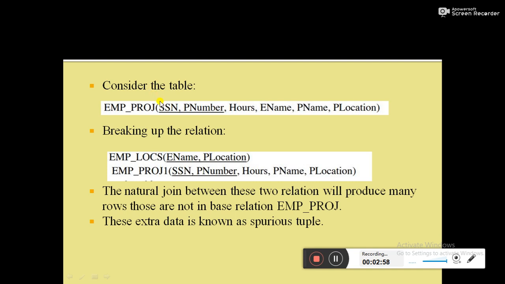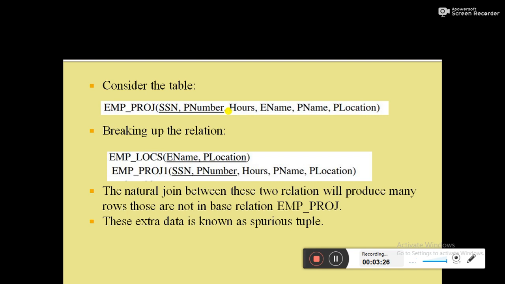These three attributes belong to the entity employee, whereas P number, P name, and P location, these three attributes belong to another entity project. That means in a single relation, we are combining the attributes from multiple entities. So this is violating the guideline.